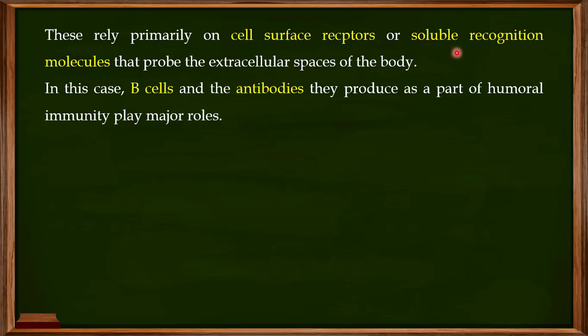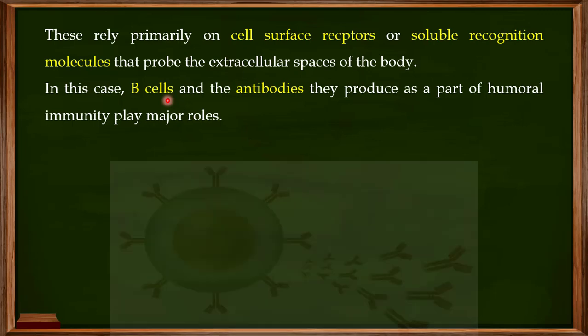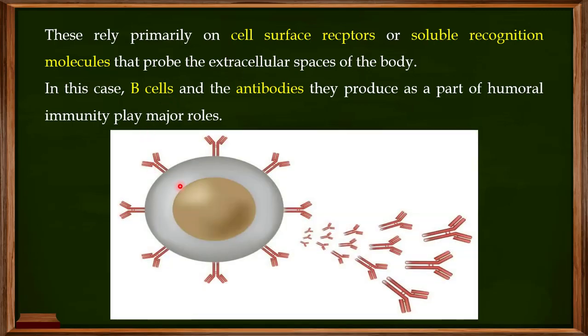Secondly, among the soluble recognition molecules, the antibodies produced by the B cells are very important, and the B cells and the antibodies they produce play a major role in extracellular pathogen recognition. B cells can express antibodies on their surface, but they can also release them into the body, into the extracellular spaces.